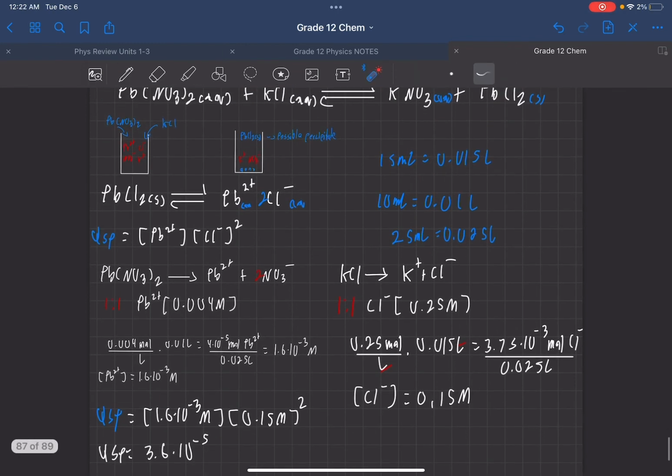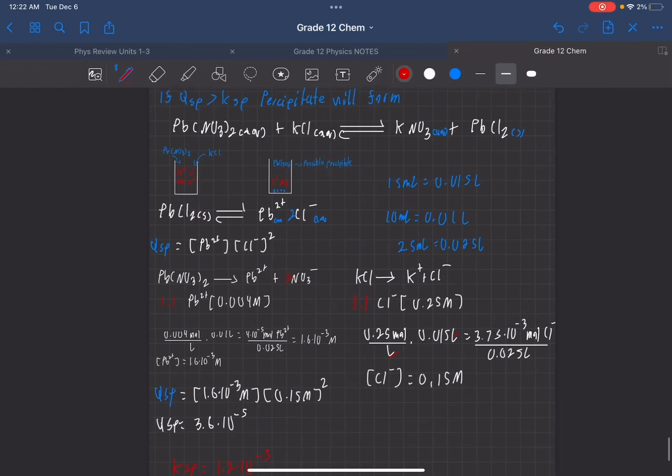Because we have more ions than the required amount for equilibrium, this excess of ions is going to make the system shift to the left, or to the reactant side, as a result of Le Chatelier's principle. And because we're shifting here, we're increasing the amount of solid, or the amount of precipitate. This will happen until a new equilibrium forms.